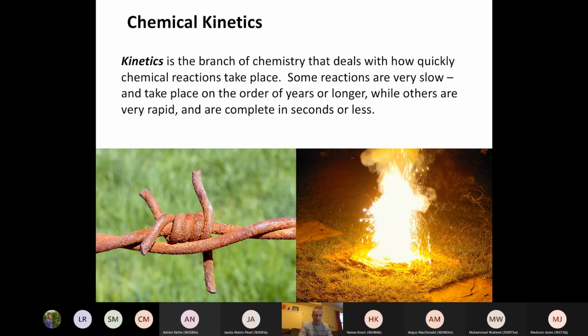This would take on the order of years, whereas other reactions can take seconds, or in some cases nanoseconds, extremely fast reactions. Geologists might consider the rusting of that piece of wire a fast reaction. There are other reactions that take place over thousands of years or millions of years, which are of geological importance.